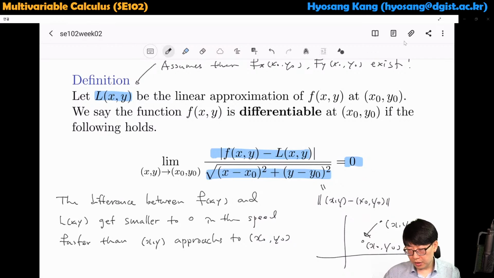So numerator and denominator both go to 0. If you have a 0 over 0 limit, then you have to compare the speed of how fast each approaches 0. Since we assume that this limit is 0, the speed of approaching 0 on the numerator side is faster than the speed of approaching 0 on the denominator side.